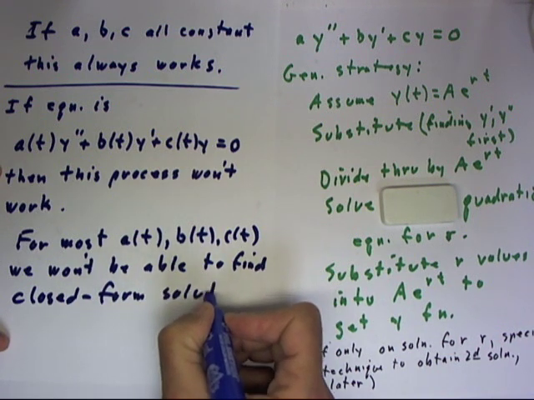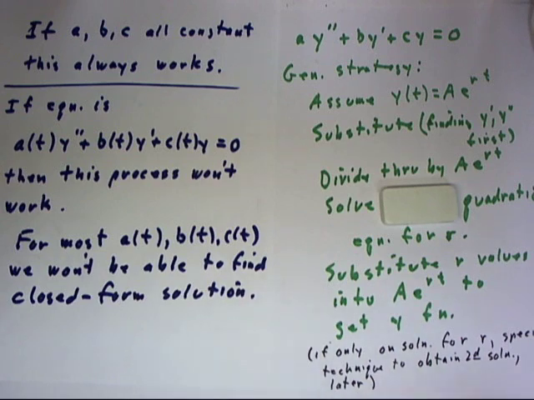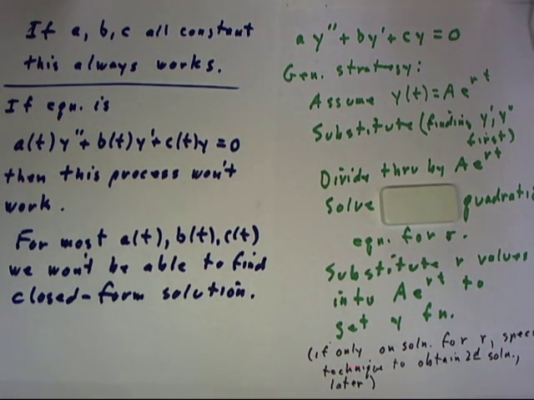Now, what do we mean by a closed form solution? A closed form solution is just one where we can actually write out the function in terms of sines, cosines, exponentials, and so forth.